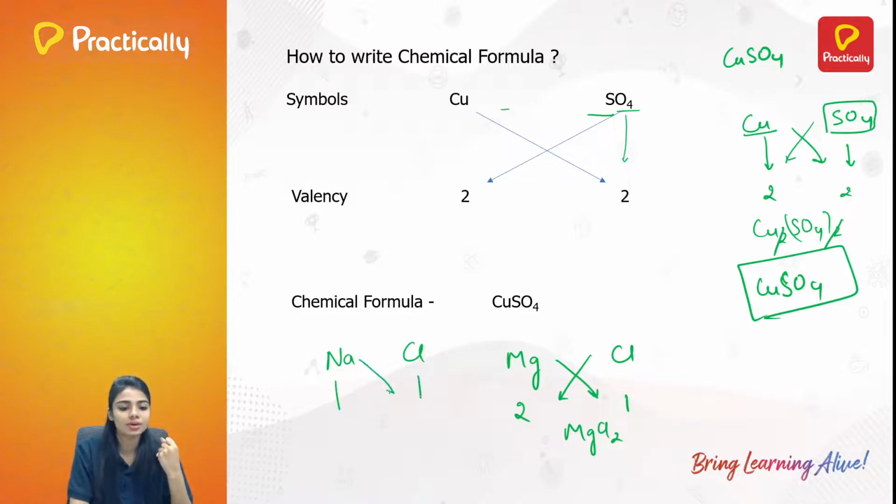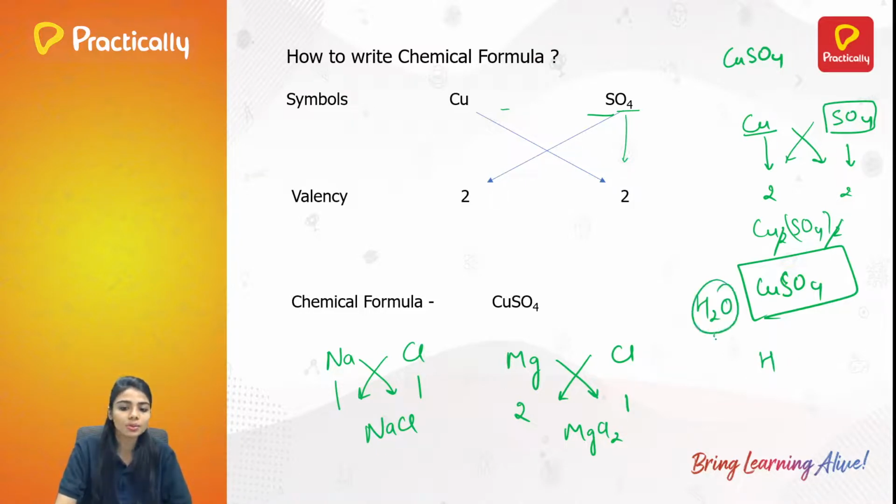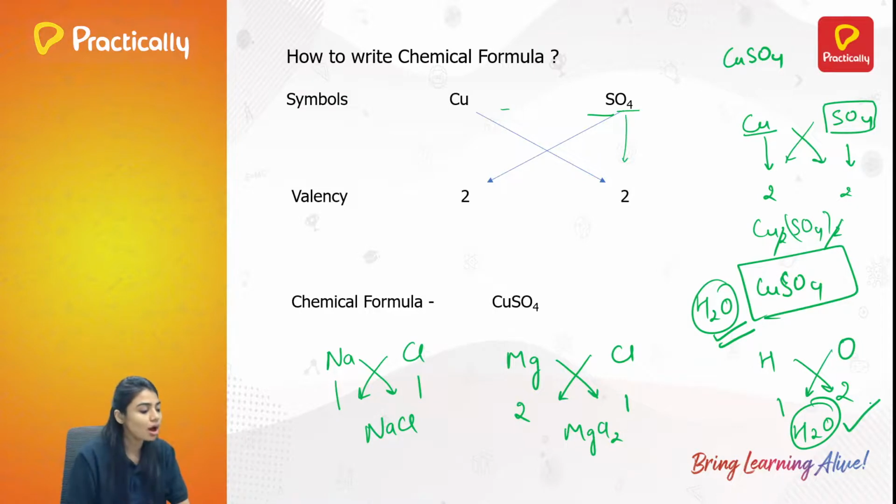Chlorine has valency 1. Cross multiply it, you will get NaCl. For hydrogen and oxygen, that is water, H2O. Why is it forming only H2O? Hydrogen has valency 1. Oxygen has valency 2. Cross multiply it, you will get H2O. That is water.